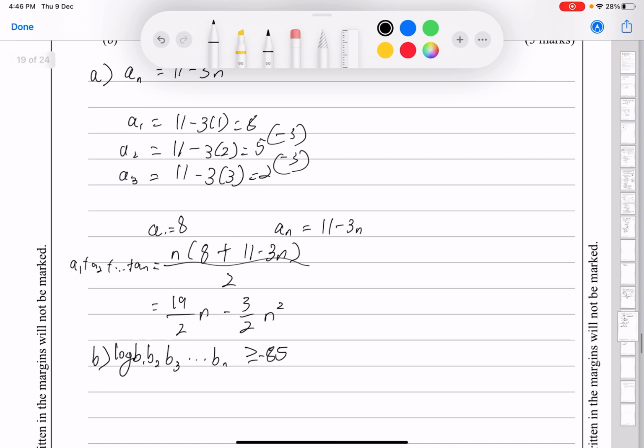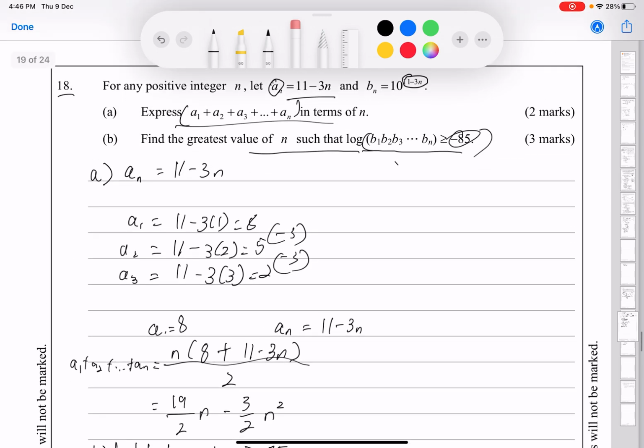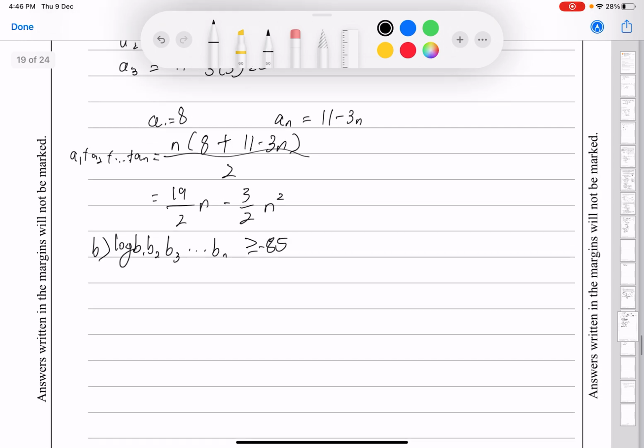Oh, sorry, it already logged for us. I misread. So we need to remember the properties of logarithms.